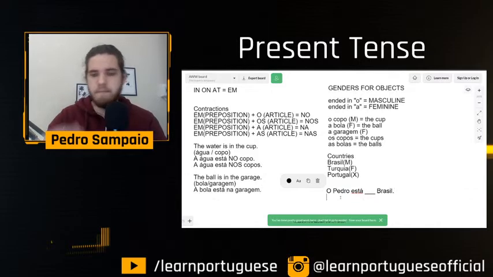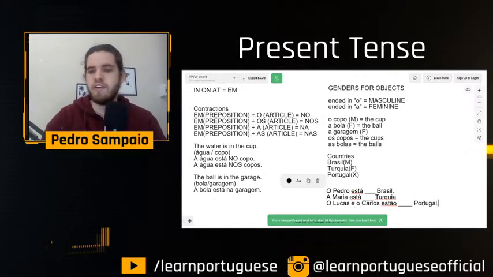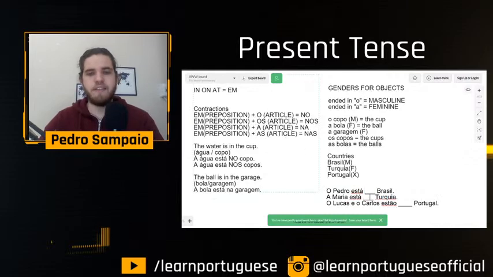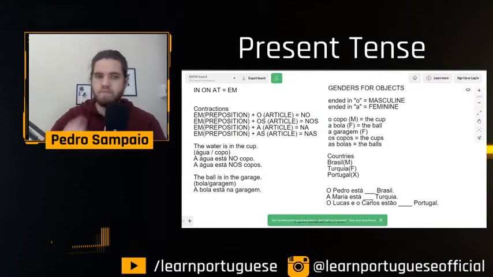And then the same example, a Maria está, Turquia, and o Lucas e o Carlos estão blah blah blah Portugal. So what should I fill these blanks with? Think about the preposition em or the contractions. What should I fill all of them with?